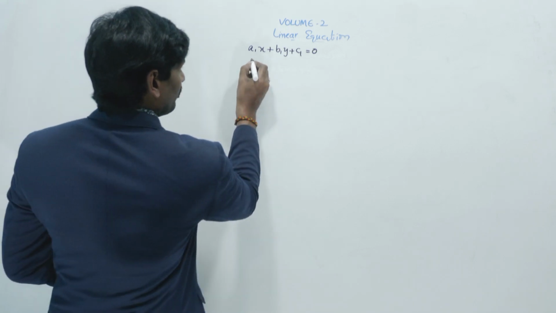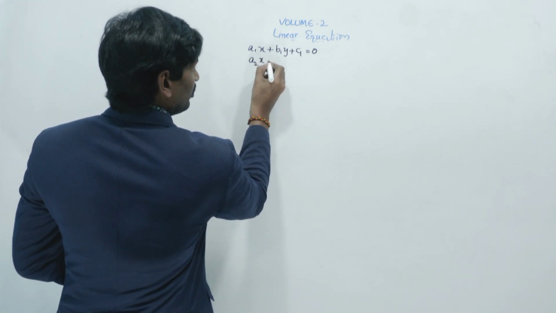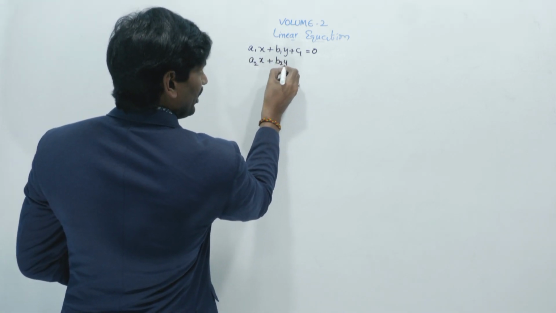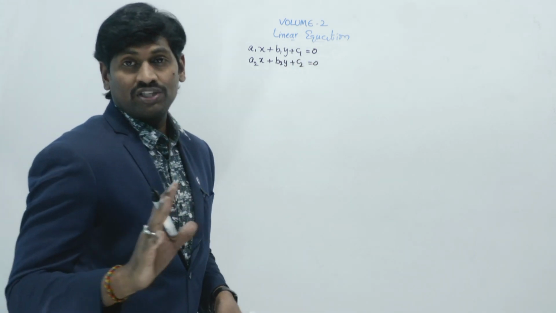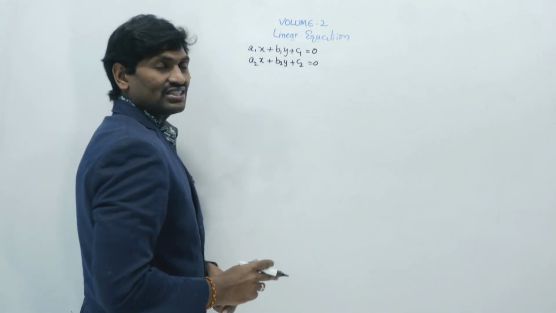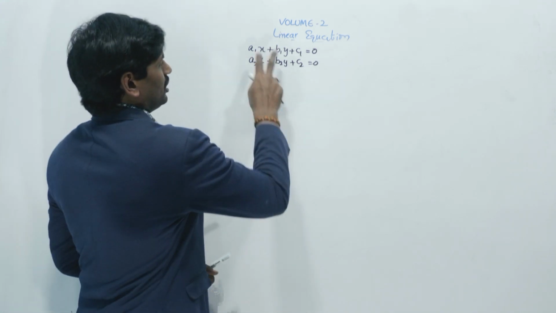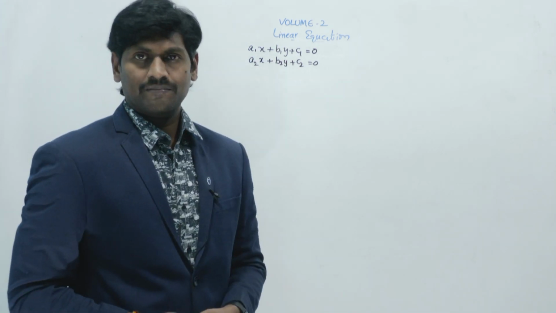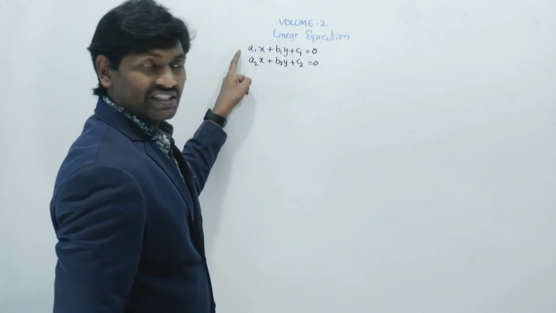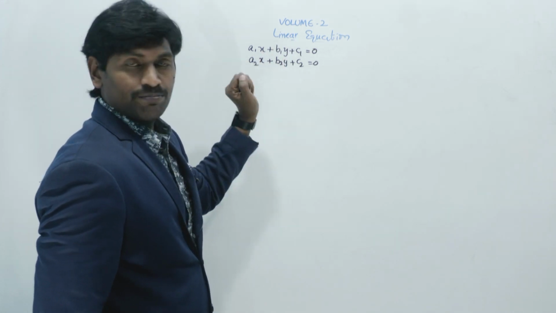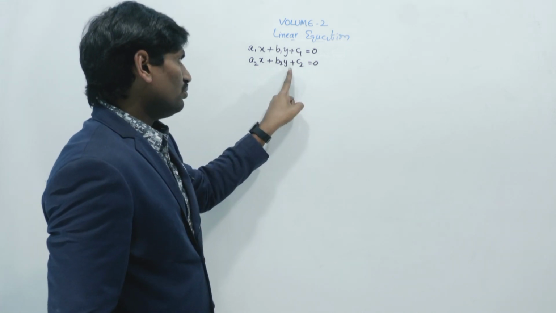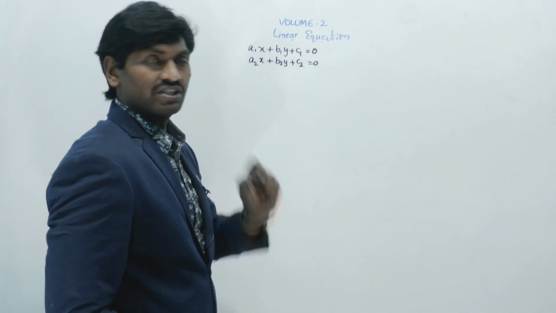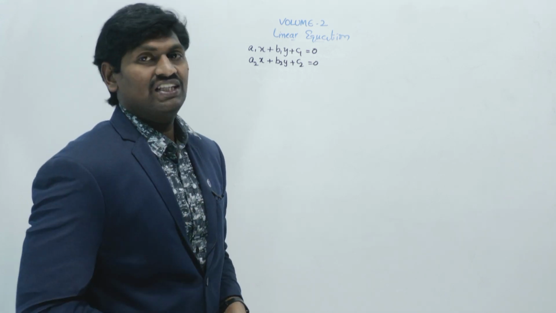The second equation is a2x plus b2y plus c2 equals 0. While you are observing these two equations, x and y are the same variables in both of them, but the coefficients can change. Here the x coefficient is a1, y coefficient is b1, constant term is c1. Here the x coefficient is a2, y coefficient is b2, constant term is c2. These are the linear equations.